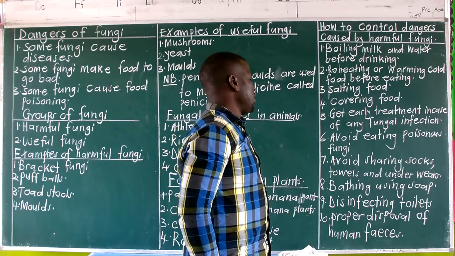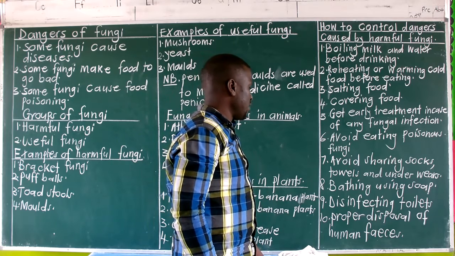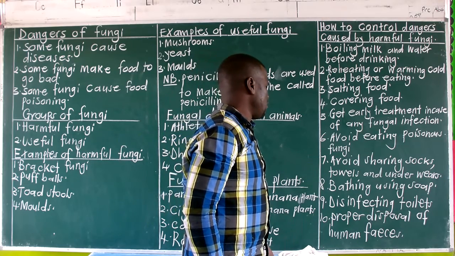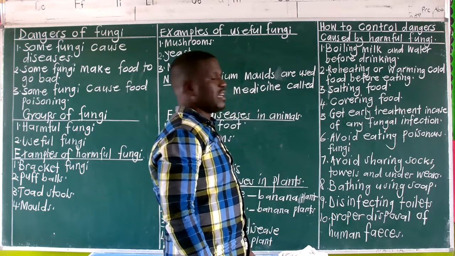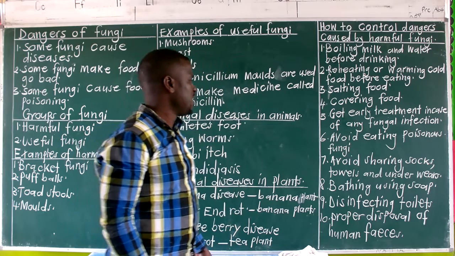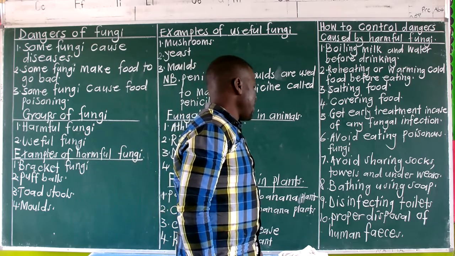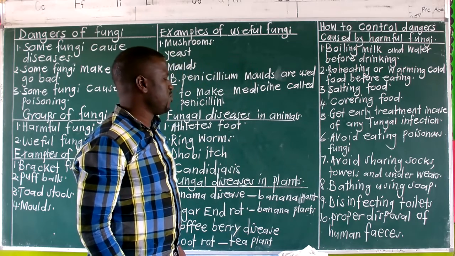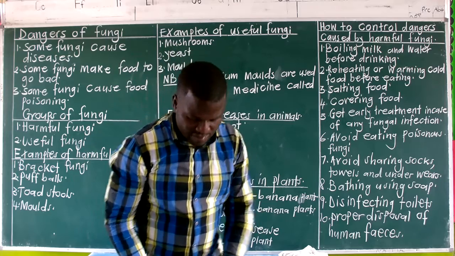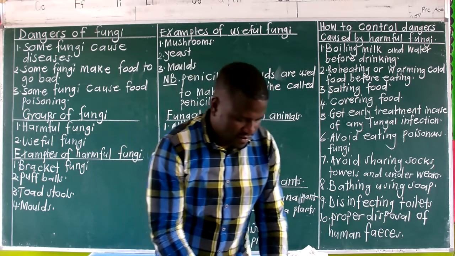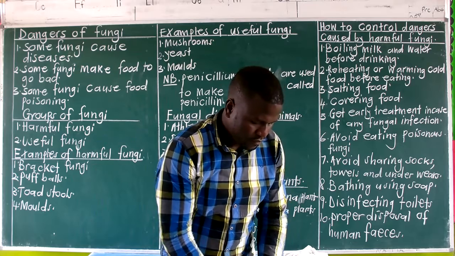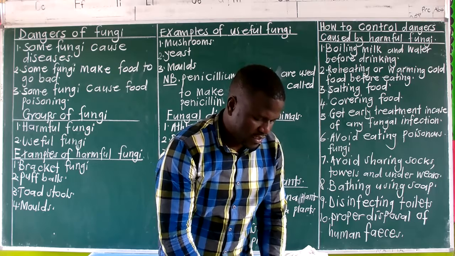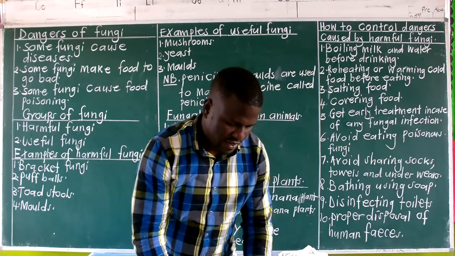You may get candidiasis if you share underwears. You can get Dobby itch if you share towels. Then you can get athlete's foot if you share socks. Then bathing using soap, disinfecting toilets, and proper disposal of human feces. So those are different ways we can control dangers caused by harmful fungi.